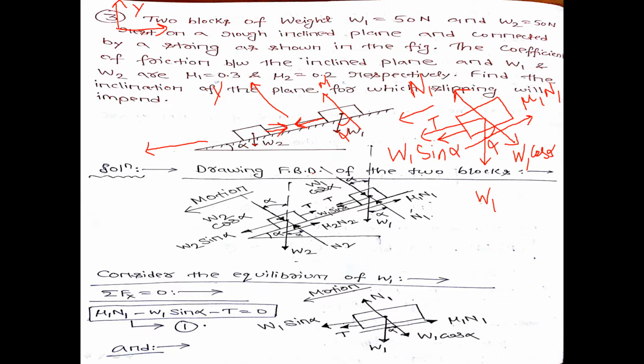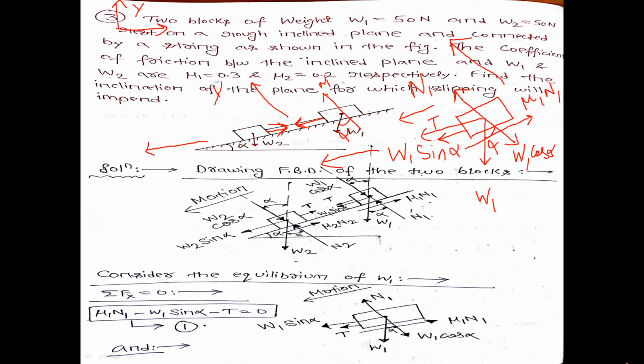Any doubt? No, sir, no doubt. So for this first block, let us write down the equations of equilibrium: summation Fx equal to 0 and summation Fy equal to 0. Remember, in this case this is my x direction and this is my y direction.